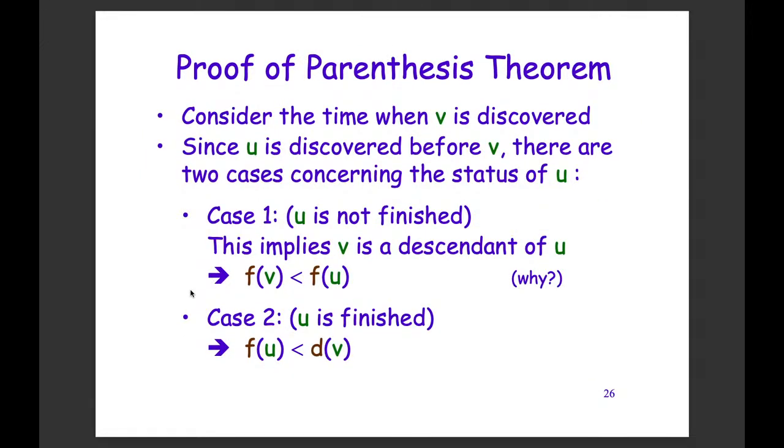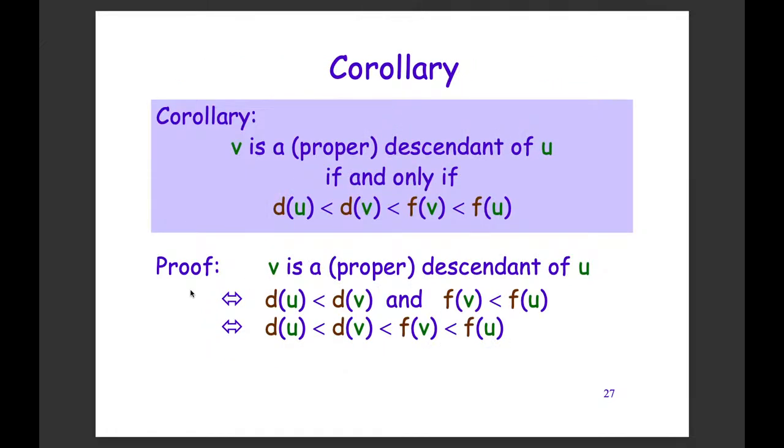Proof of parenthesis is just what I've just presented, and here this is a corollary. We have seen that if the first node is discovering the second node, the interval of the first node will contain the second one.